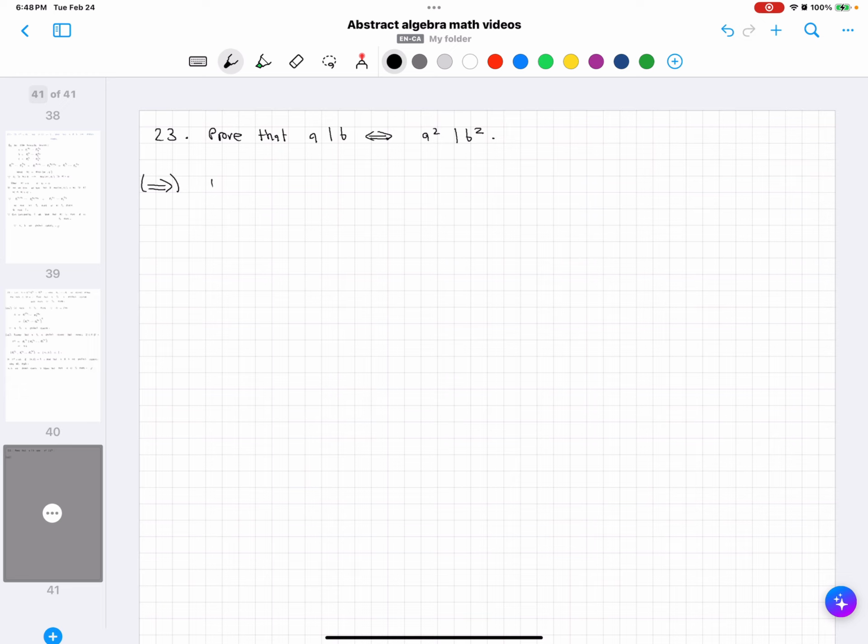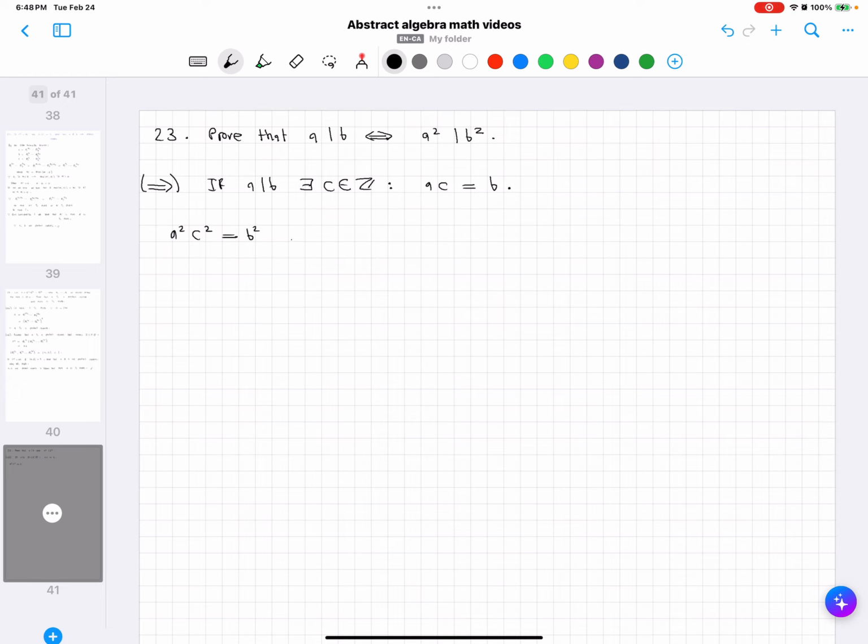So if A divides B, that means there exists a C inside of the integers where when you multiply A by C, you get B. So if you square both sides, you get A squared times C squared is equal to B squared.